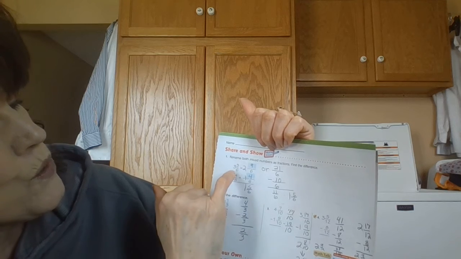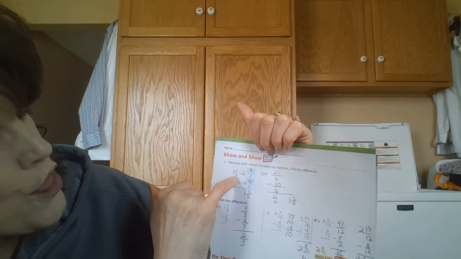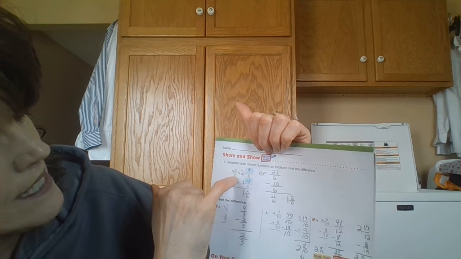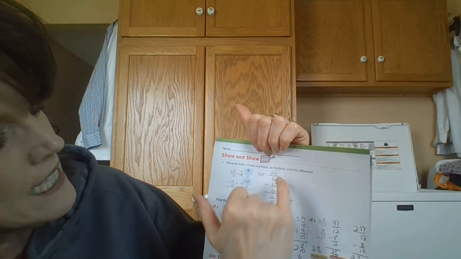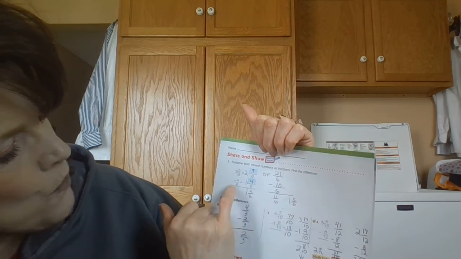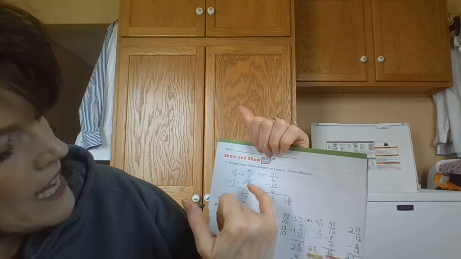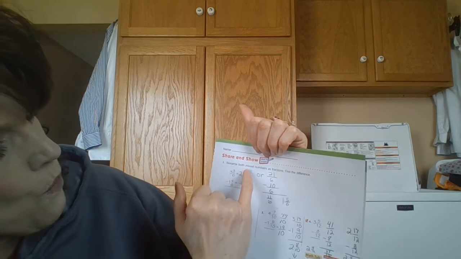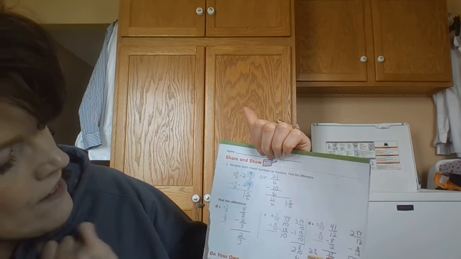Or you could rename it 21/6 by multiplying 3 times 6 and getting 18 and adding 3 to 18 to get 21/6. And this one, they took 1 and 4/6 and subtracted 4/6 from 9/6 and got 5/6.